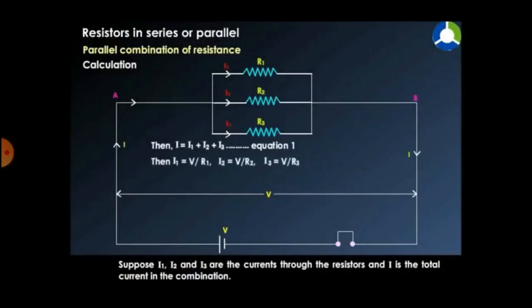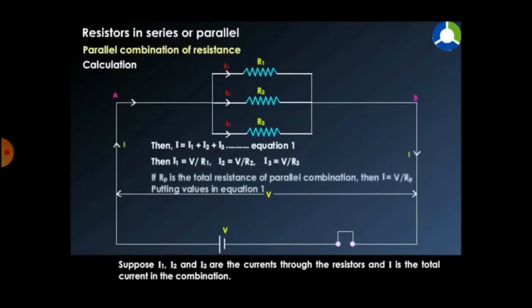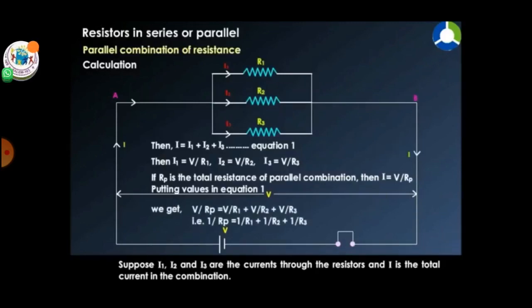And according to Ohm's law, I is equal to V by R. So I1 is equal to V by R1, I2 is V by R2 and I3 is V by R3. Then substitute these in equation 1, and consider Rp as the total resistance of the parallel combination. Then I is equal to V by Rp, that is, the total current is equal to the total voltage divided by the total resistance.